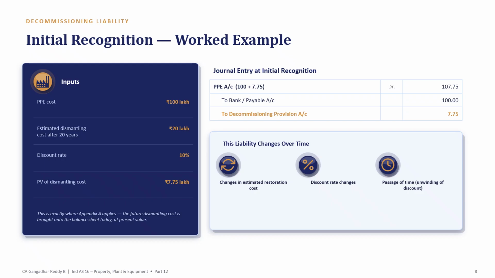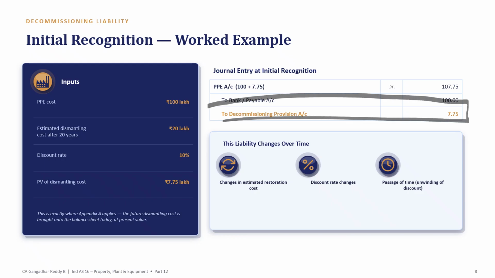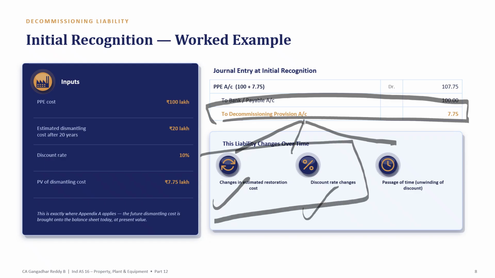I hope you understand. This decommissioning liability changes due to either a change in estimations or a change in the discount rate. These are all changes in estimations only, and I'm just giving them separately because there might be changes due to the discount rate, or due to a change in the restoration liability. In these two, the PPE value will be affected if the PPE value exists.